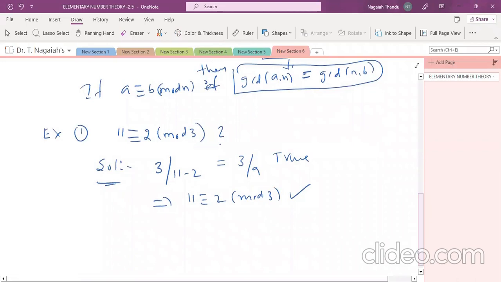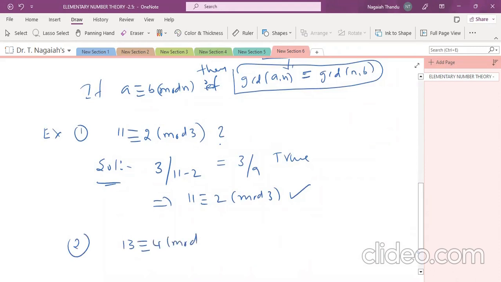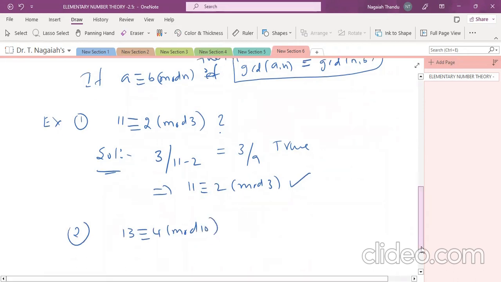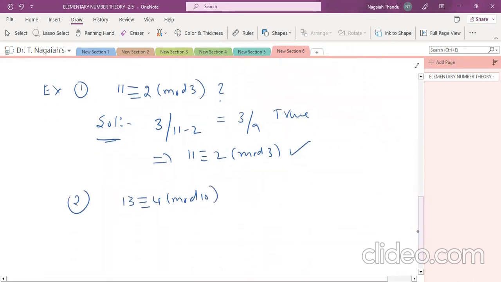Number two, 13 congruent to 4 modulo 10. Is it correct or not? Now you check. For 13 congruent to 4 modulo 10 to hold, 10 must divide 13 minus 4, then this relation is true.